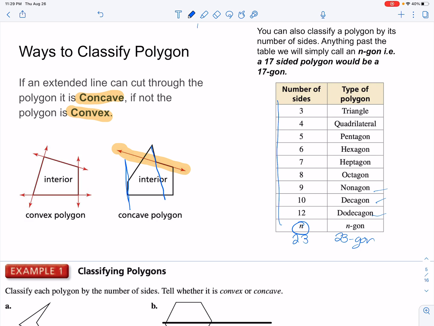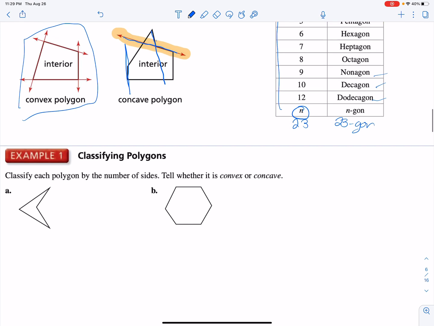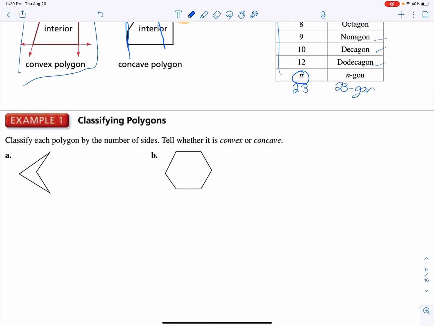So as you can see, you can't draw one on the left. This polygon is convex. None of those lines cut through your figure. While on the one on the right, you have 2 different lines that will cut through your figure if you extend them. So on example 1, we're classifying the polygons. A, it has 4 sides, so we call it a quadrilateral. You can abbreviate for your notes as well.